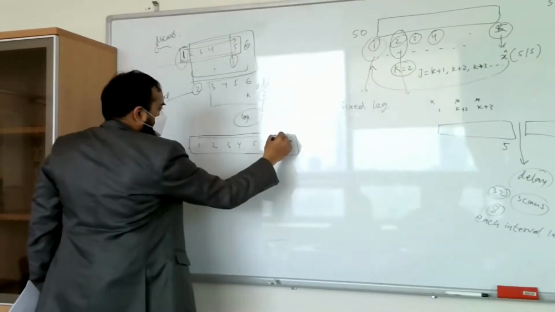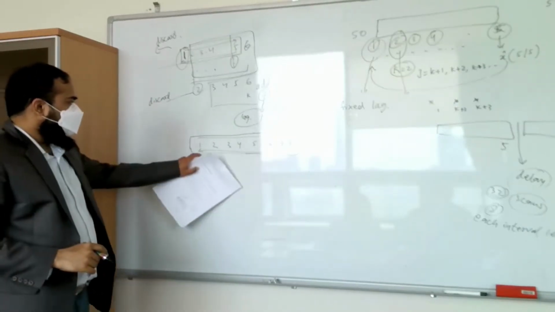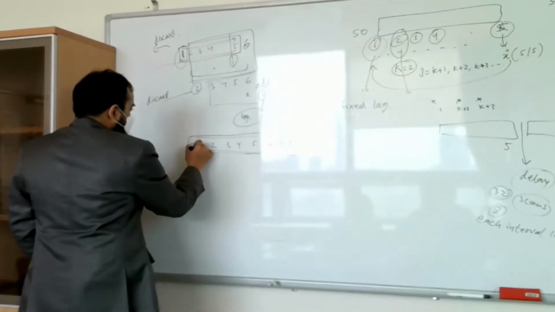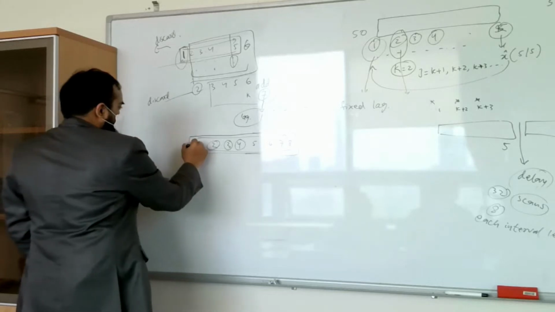Then forward filtering, backward filtering. Then we smooth, suppose 1, 2, 3, 4. We smooth these 4 scans.